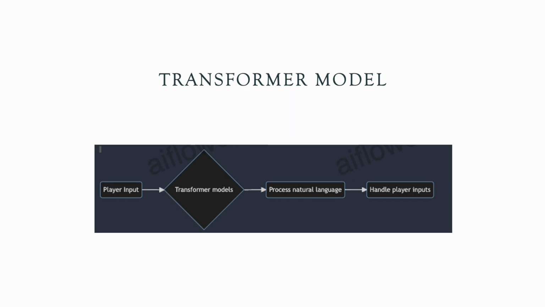The model should be able to learn from player actions and adapt its behavior accordingly, creating a dynamic and evolving game world. The model should be able to make complex decisions based on a wide range of factors, allowing for emergent gameplay and unexpected outcomes.